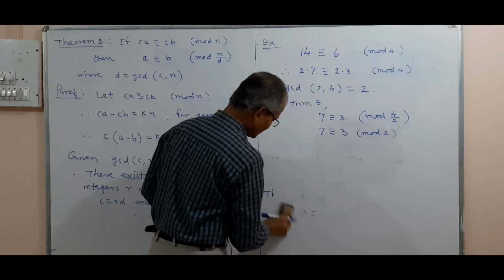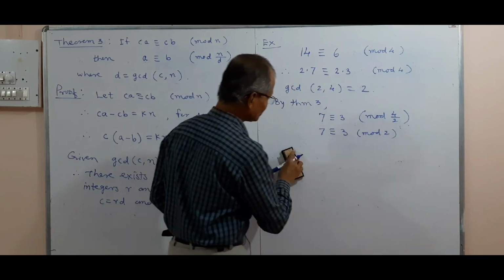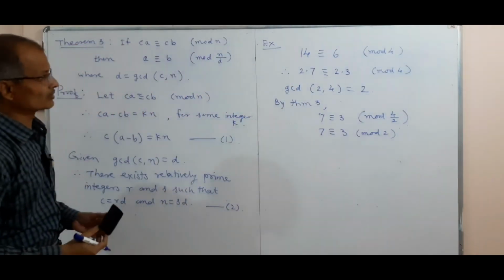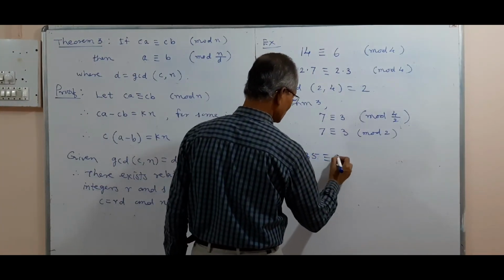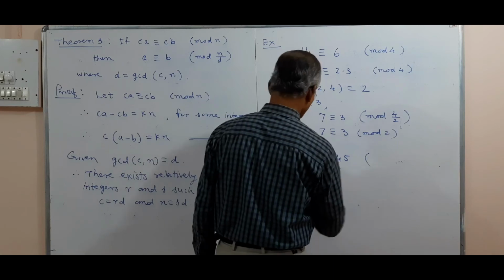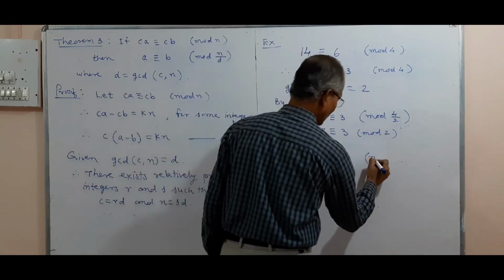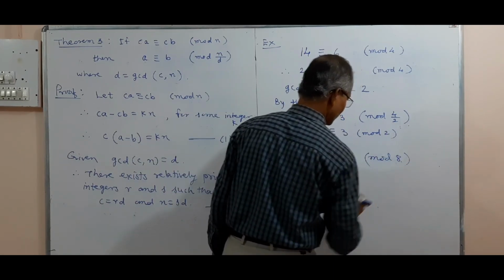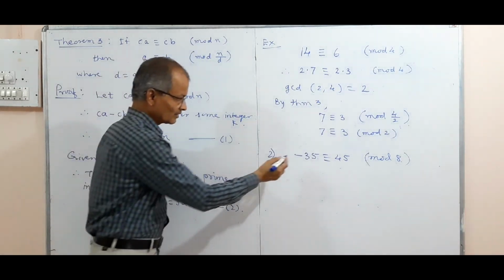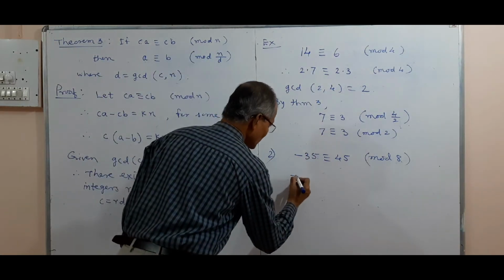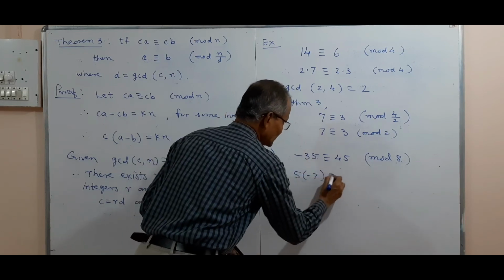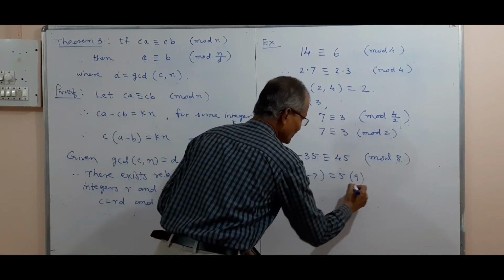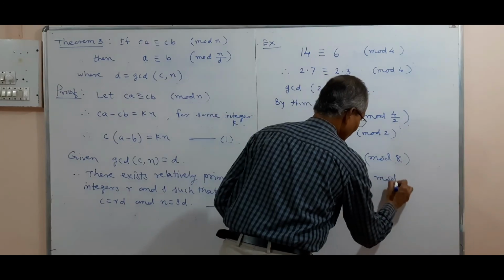And if the integers are relatively prime, then the congruence holds directly. For example, say minus 35 is congruent to 45 under modulo 8. Here we can write minus 35 as 5 into minus 7, and 45 as 5 into 9, under modulo 8.